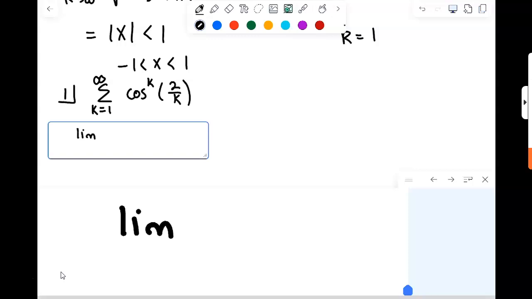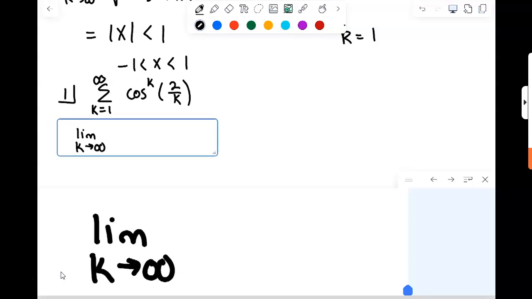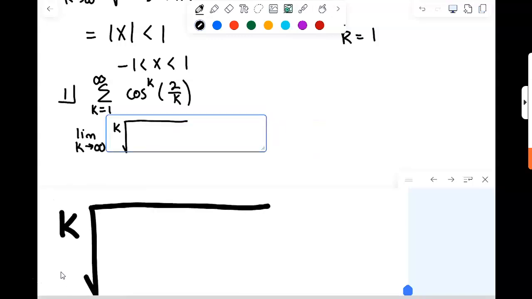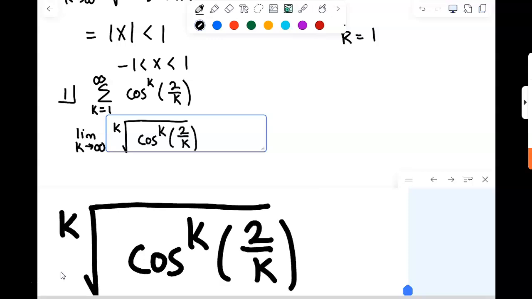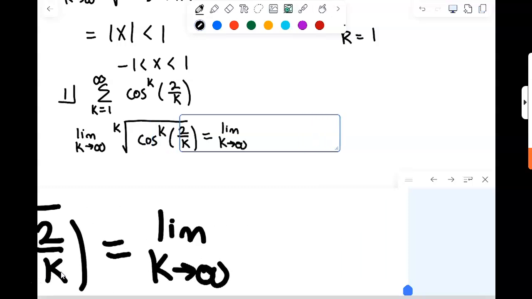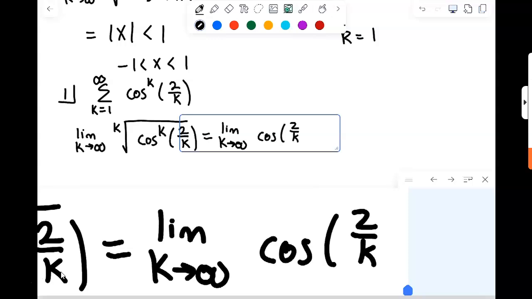Unfortunately, if we do the root test and we did the root of that, cosine of the k, 2 over k, that would be limit as k goes to infinity of just cosine of 2 over k.